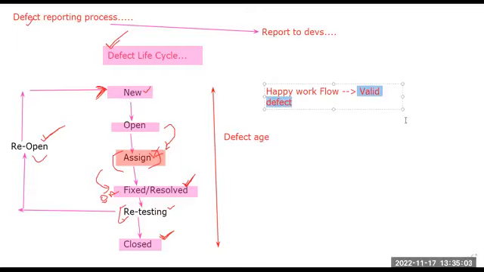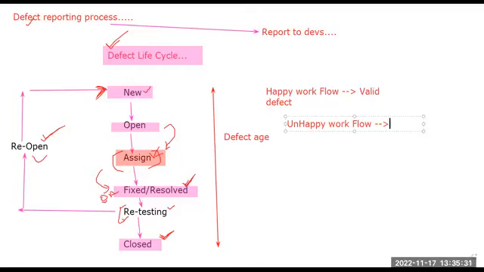But in real time, there is also an unhappy workflow. Unhappy is nothing but invalid. It means some invalid defects we report, or there will be some problem in the defect. Whatever defects we report as QA, there may be some issues, some problem, or some information not there properly.